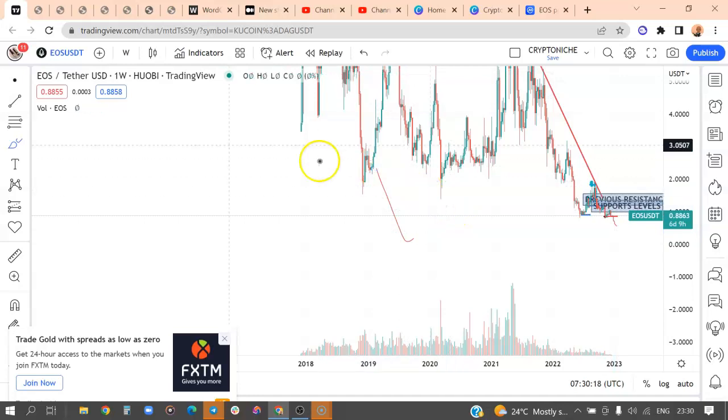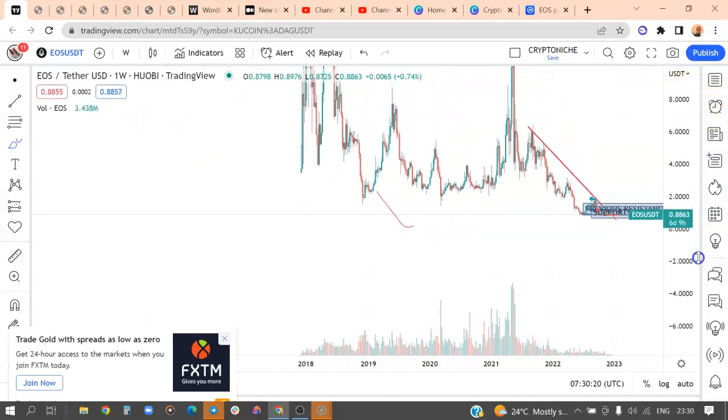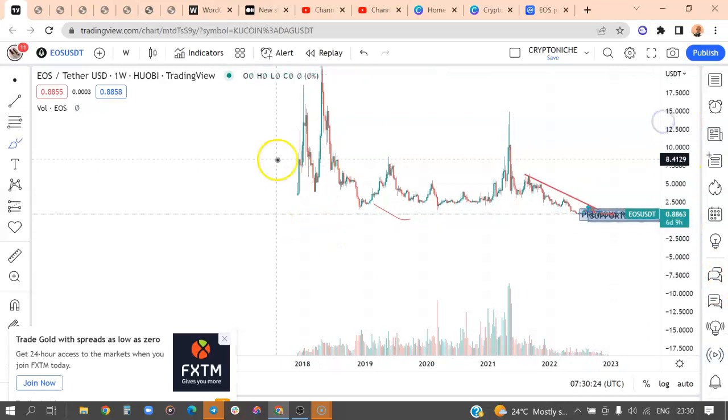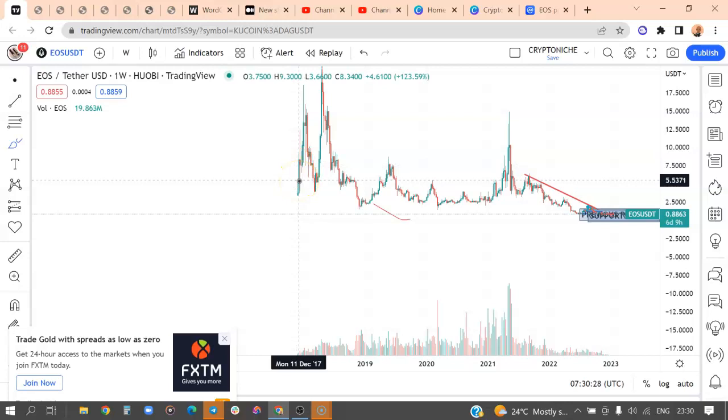Sorry guys. I think EOS was listed here in 2018.